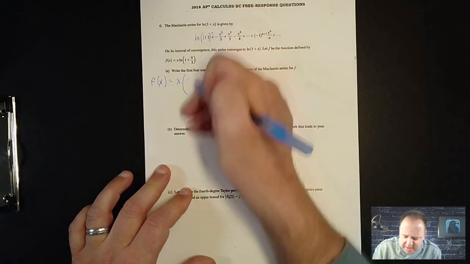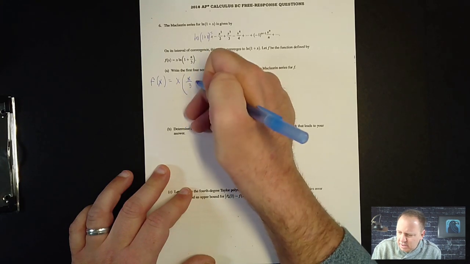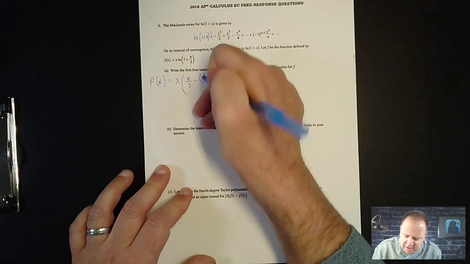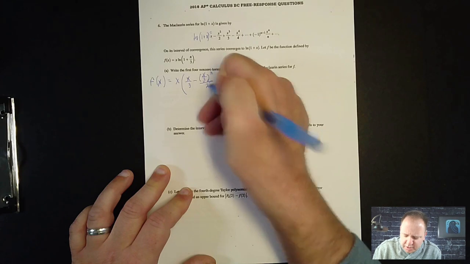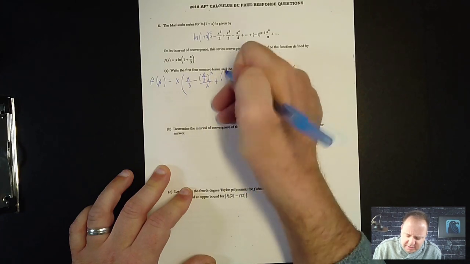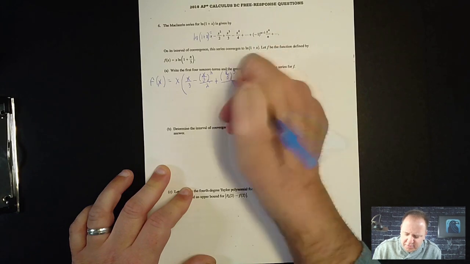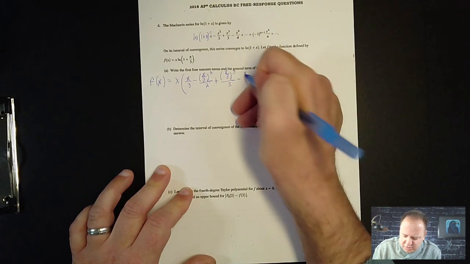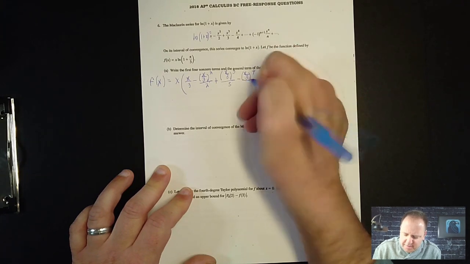So my first term's x, so I'm going to plug in x over 3, minus x over 3 quantity squared over 2, plus x over 3 cubed all over 3, minus x over 3 to the 4th over 4.